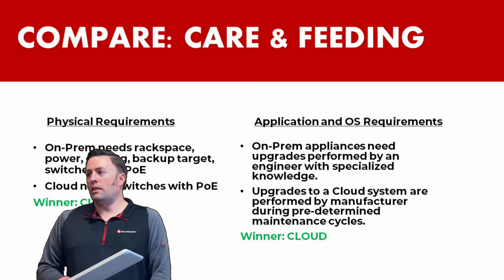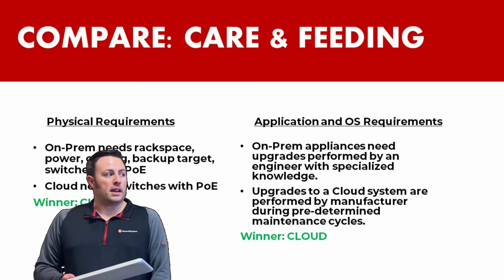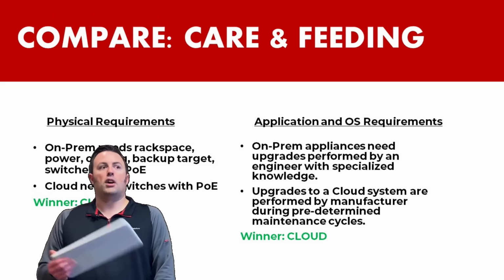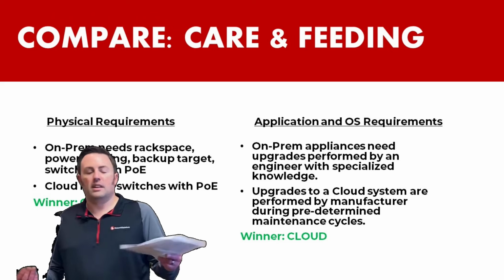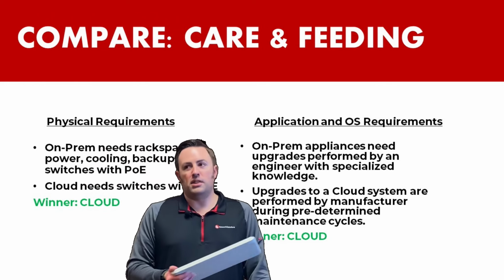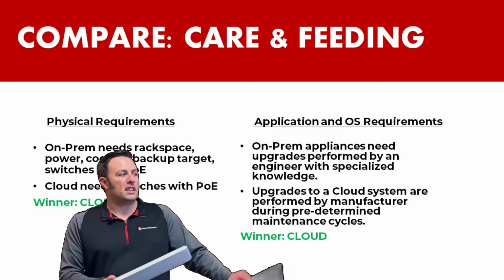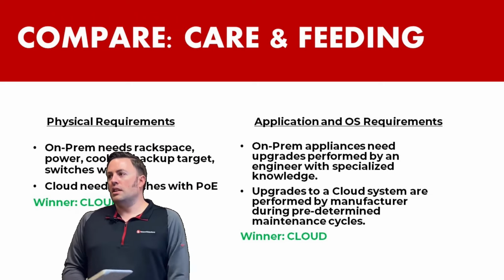They're performed on a very regular maintenance interval, and they are all performed by Cisco. They're all performed by the cloud service provider. So, whereas these upgrades give people like me a job, as much as I like doing it, I'm still going to give it to the cloud here because it's easier for you guys.